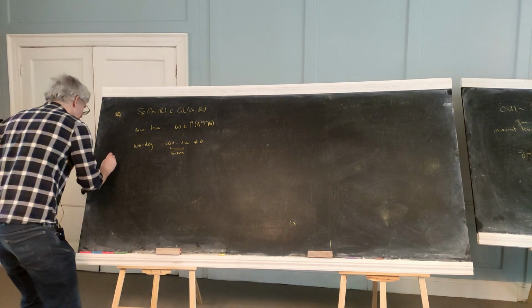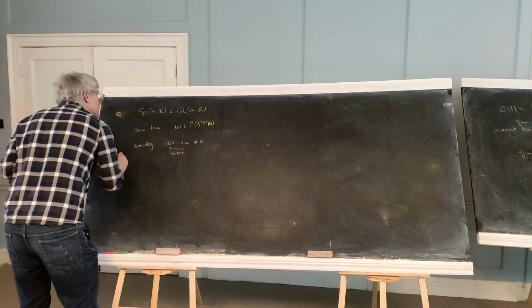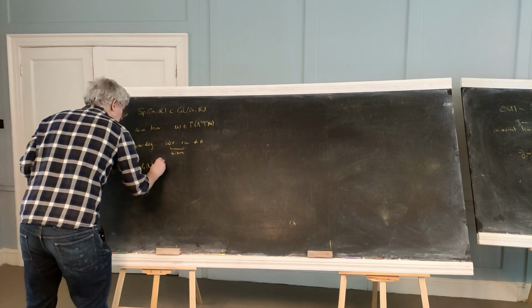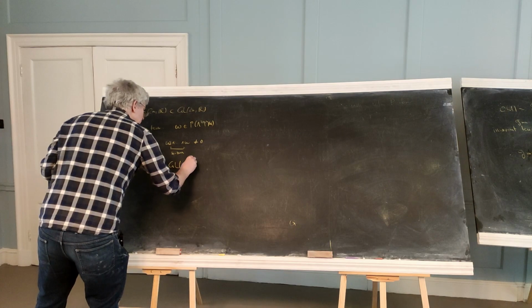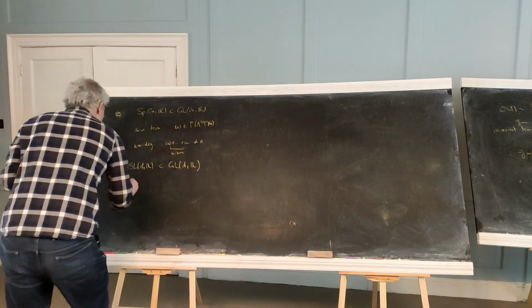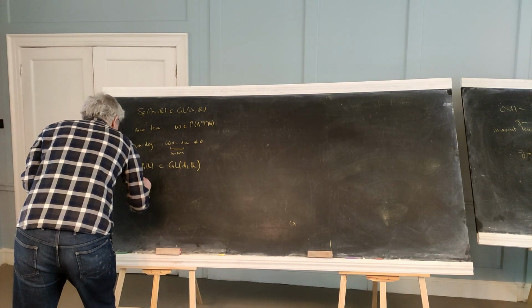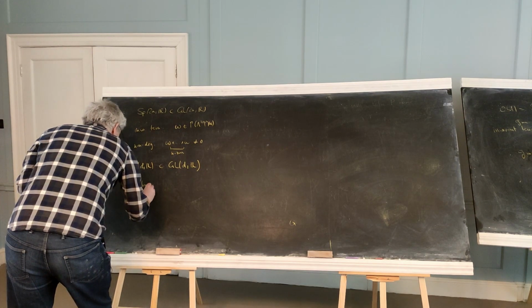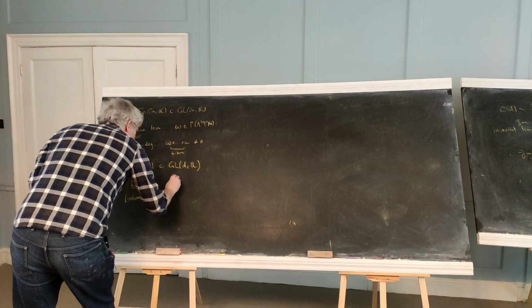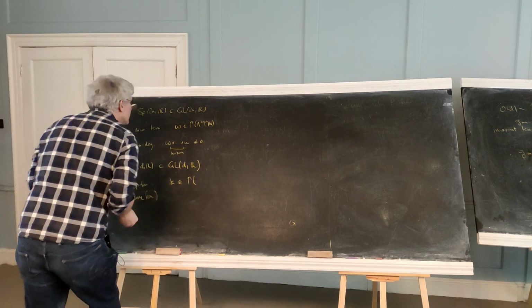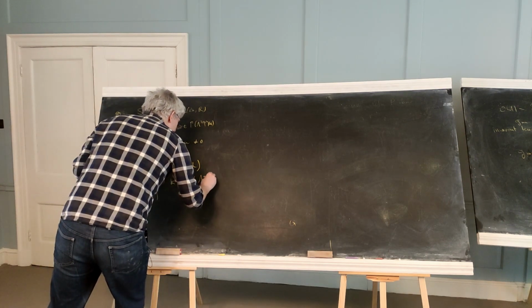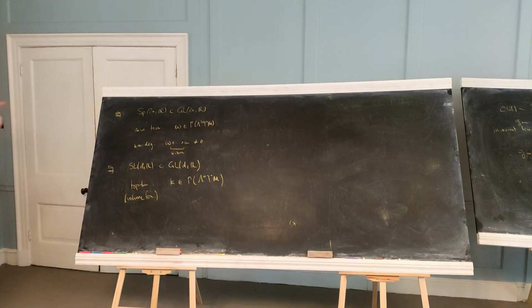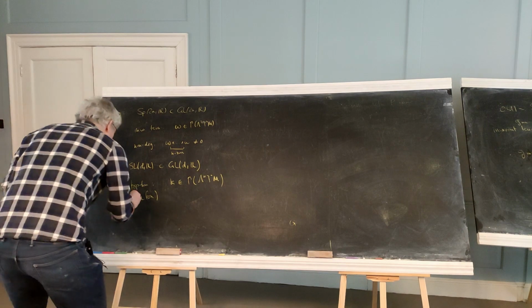And what else did we have? We had SL(d,R) inside GL(d,R), and that was a top form or a volume form, kappa, which was the wedge of n T star M. And this meant that the manifold had to be orientable.